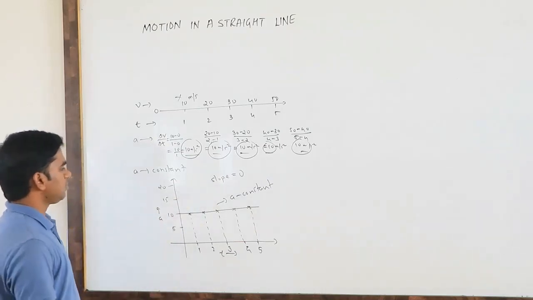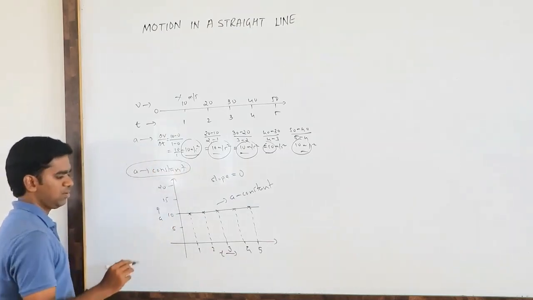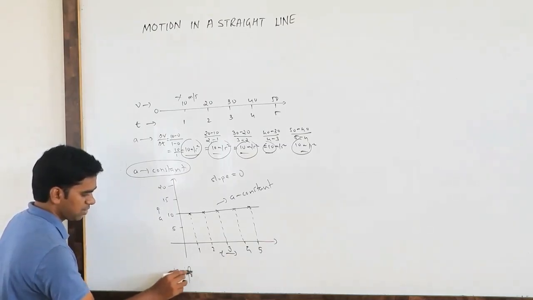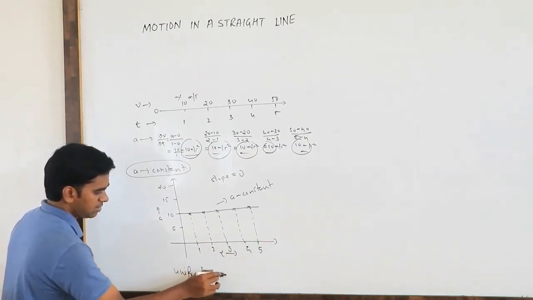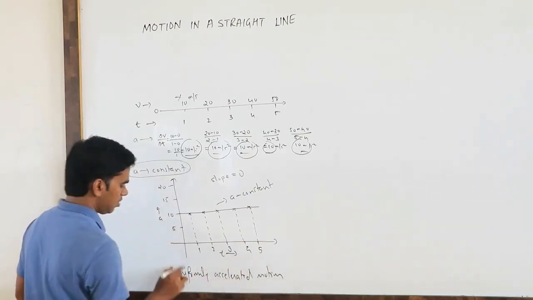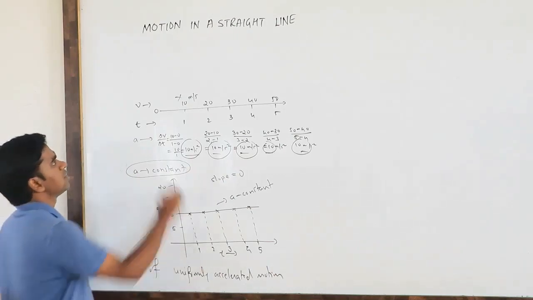Now if acceleration is constant, you can call that uniformly accelerated motion. So this is the graph of uniformly accelerated motion.